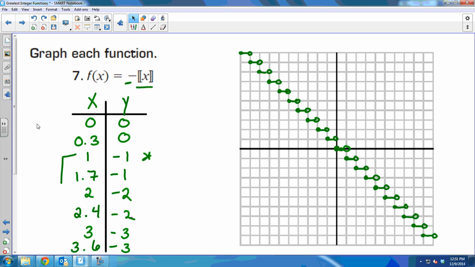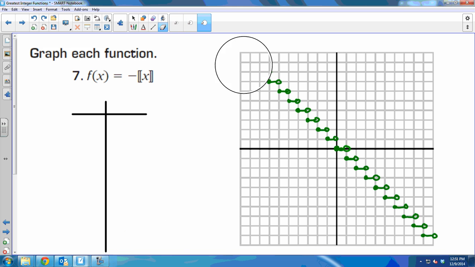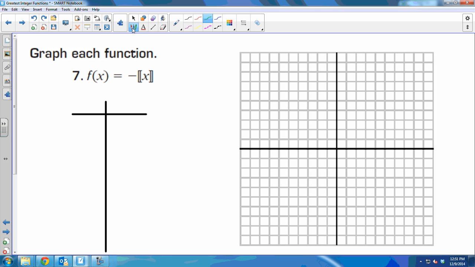Okay, let me make one up real fast, and then I'll let you work. You can write this on the back if you want to do it with me, I don't care. Let's do the function values here. f of x equals the greatest integer of 3x minus 1.